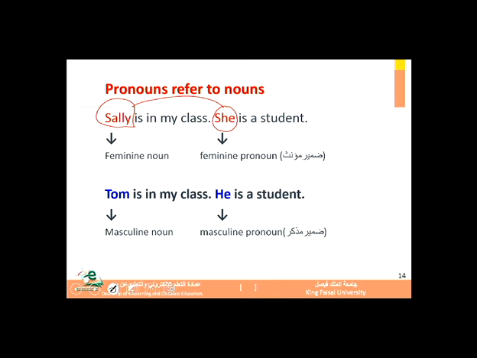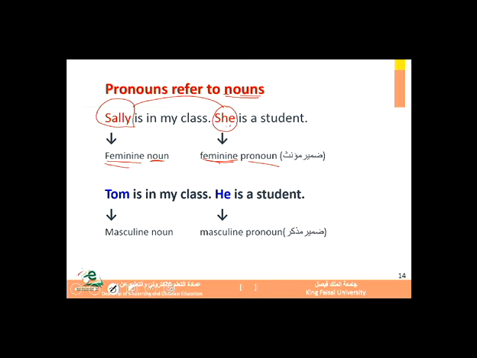So the word Sally is a noun, and it is a feminine noun. And the pronoun is also a feminine pronoun. So when you have to refer to a noun by a pronoun, it has to be feminine. If it is singular, it has to be singular, and so on and so forth. So this is feminine pronoun, she, referring back to Sally. What we want to say is that the pronoun refers to the noun.